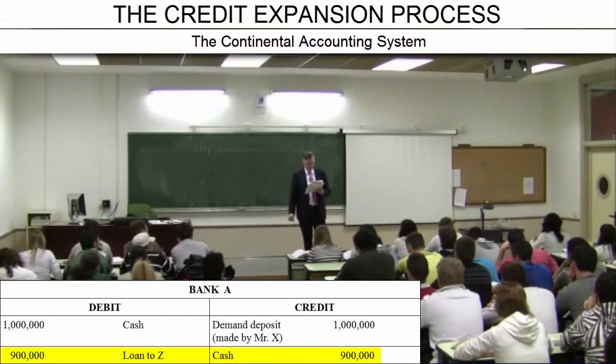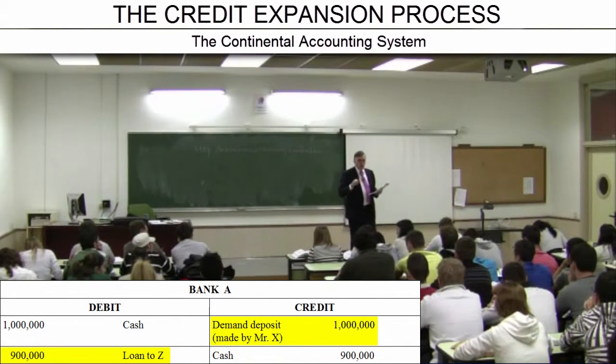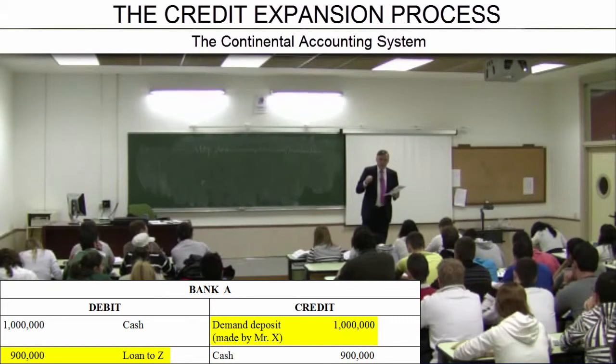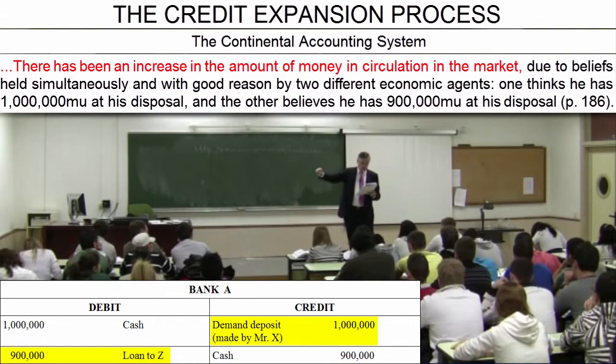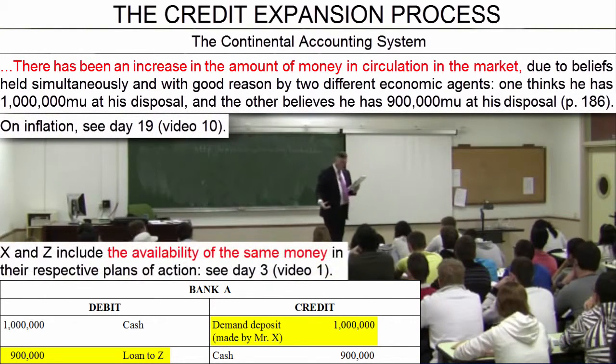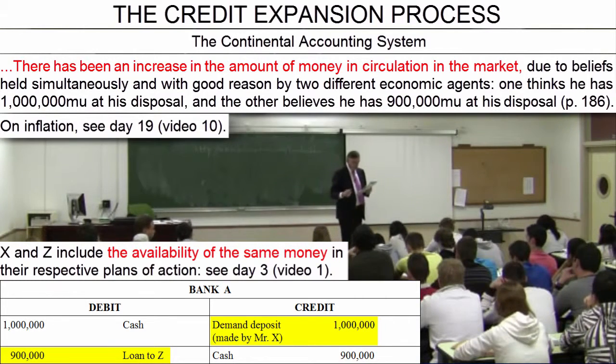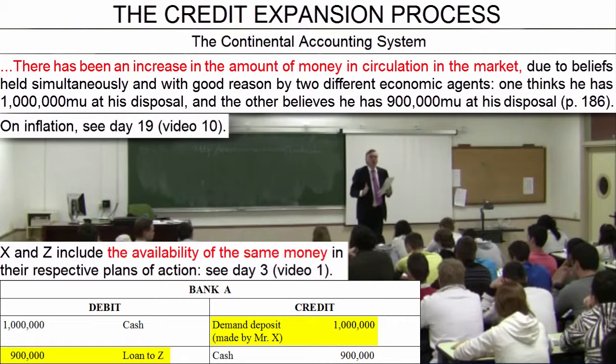So, in the market, as a result of the bank's appropriation of a portion of demand deposits in order to make loans to third parties, the quantity of money in circulation increases. That is, an inflationary effect emerges, because two different economic agents simultaneously consider, and with good reason, that they possess the same money.